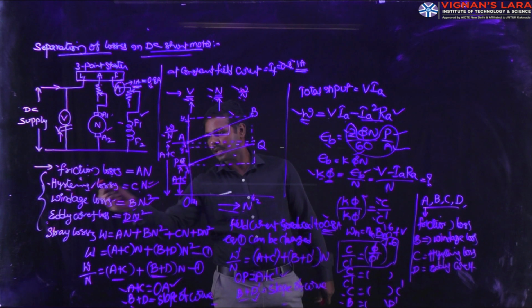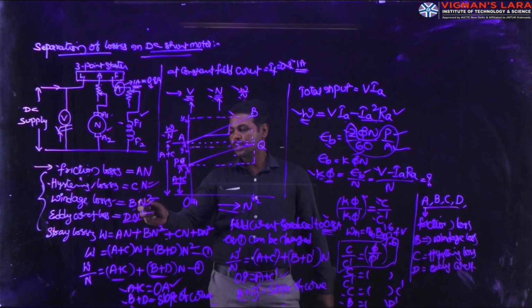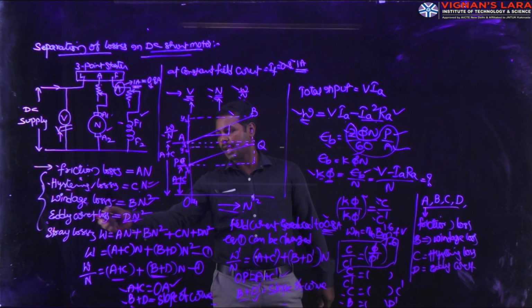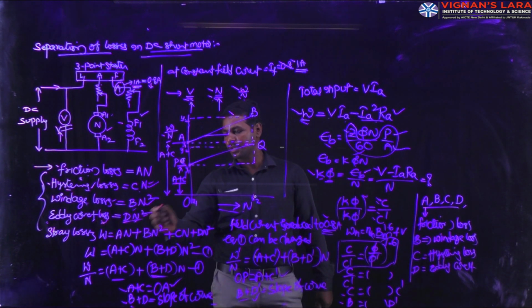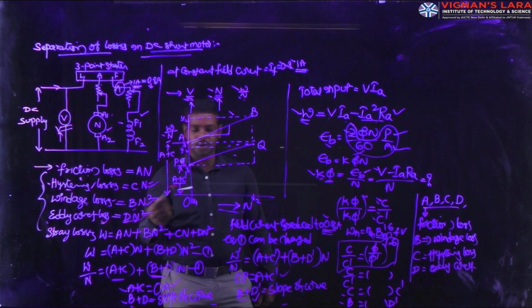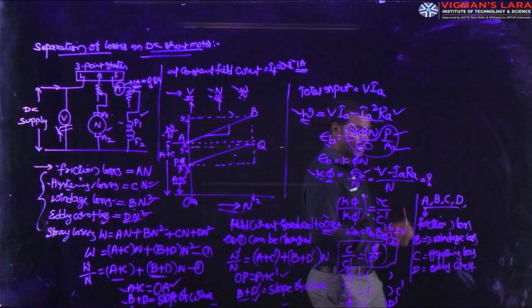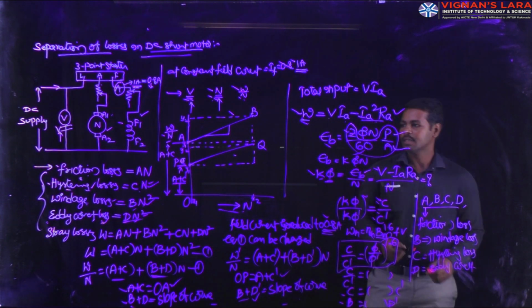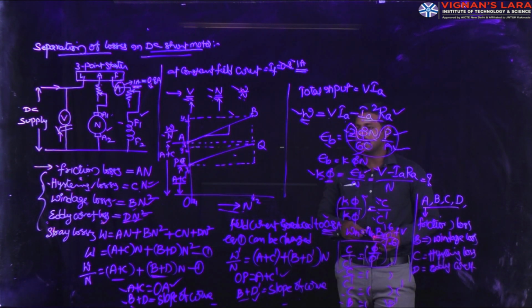That's why these two are directly proportional to speed. Windage and eddy current losses are directly proportional to the square of the speed. Based on those four expressions, we can easily separate these four types of losses.